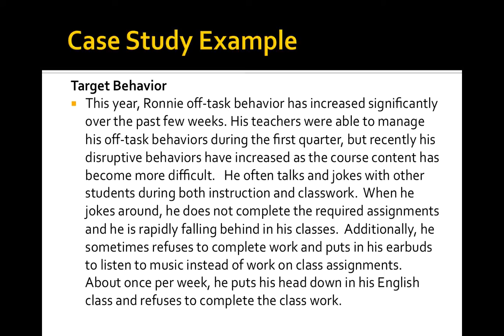So if we think about the four functions of behavior again, and the three primary functions, I should say, that we see in a high incidence classroom and a general education classroom, we need to analyze this behavior and think, is Ronnie doing these behaviors for attention, for escape, for access to something?